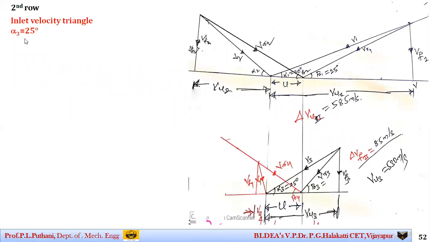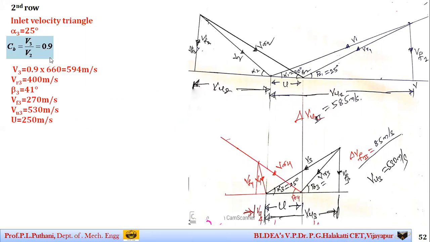For the second row, I have got alpha 3 equal to 25 degrees. Then I have got V3 as 594 meters per second, VR3 as 400 meters per second, beta 3 as 41 degrees, VF3 as 270 meters per second, VU3 as 530 meters per second, U 250 meters per second.